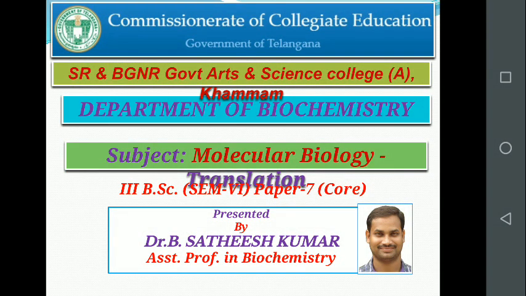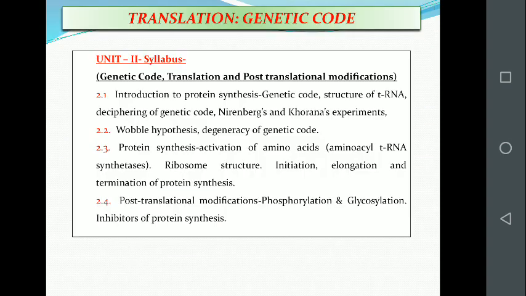This is the last video class of this unit, because we already finished the genetic code, the first subtopic, and the structure of tRNA, deciphering of genetic code, Wobble hypothesis, and protein synthesis, in which you have learned about the activation of amino acids and ribosome structure, initiation, elongation, and termination of protein synthesis.